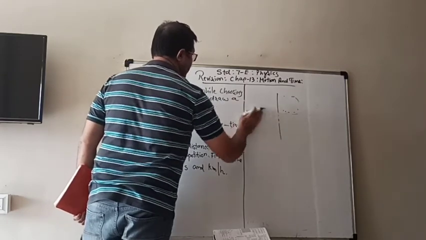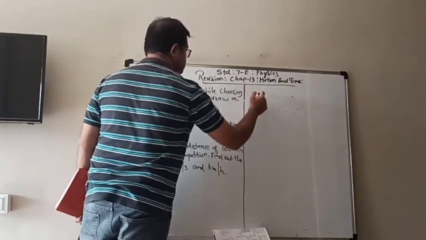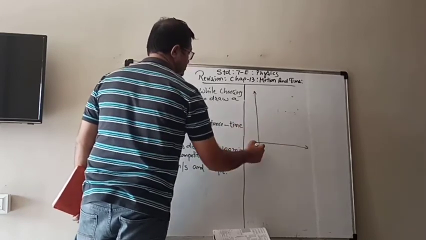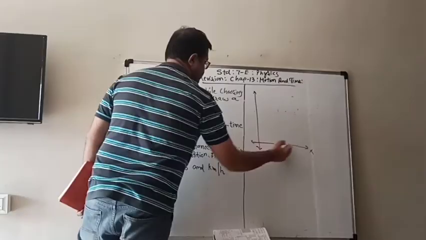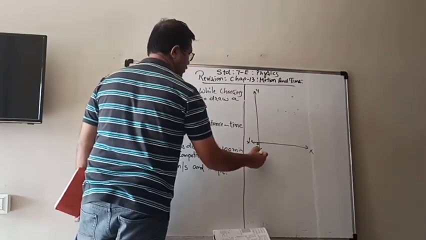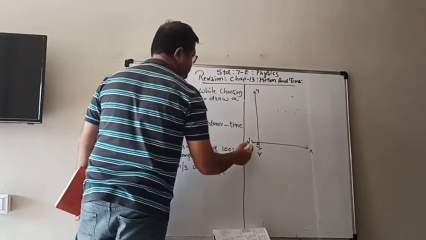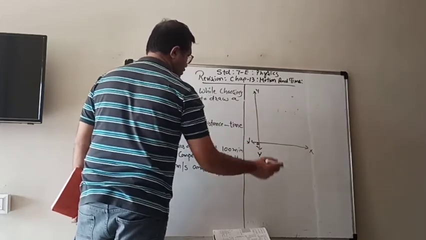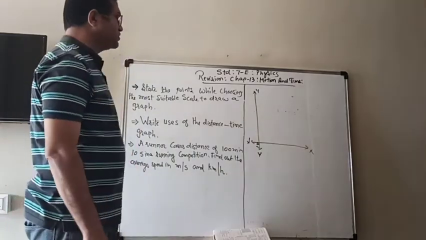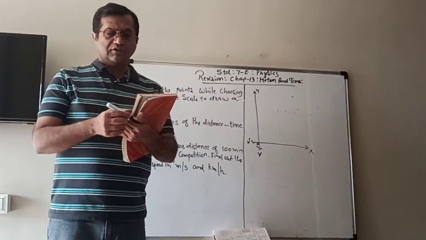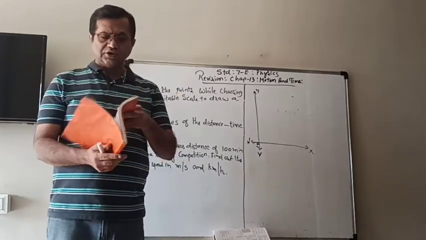So rather than drawing like that, we draw like this. This is x, this is O, this is x dash, y, O, y dash. So x, O, x dash is the x-axis, y, O, y dash is the y-axis, and O is the point of origin.